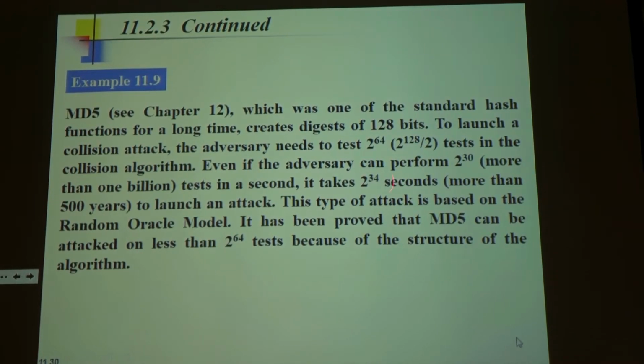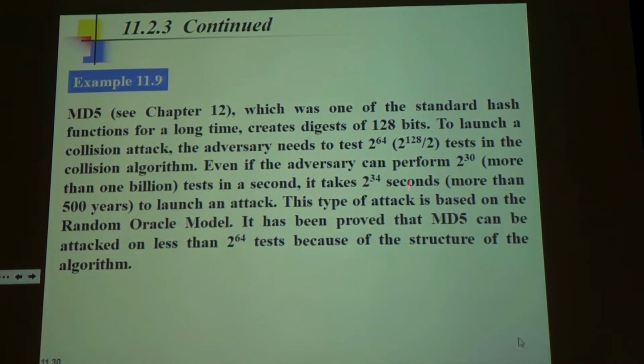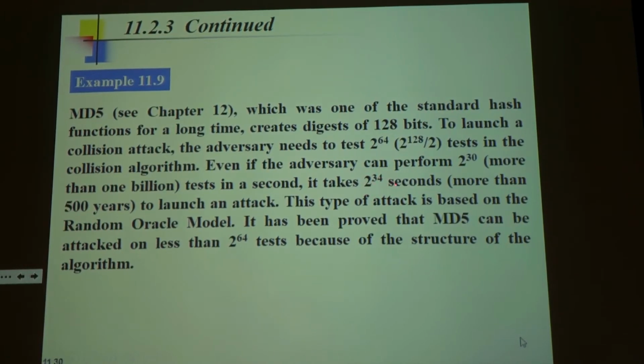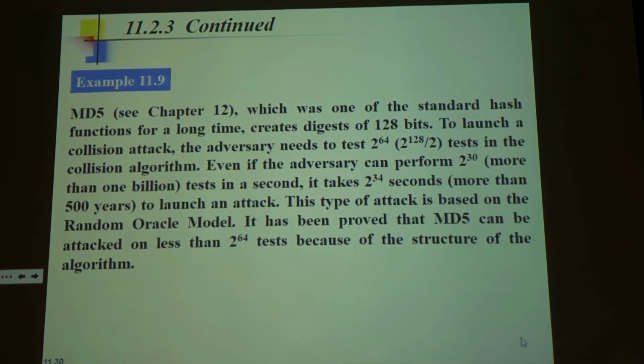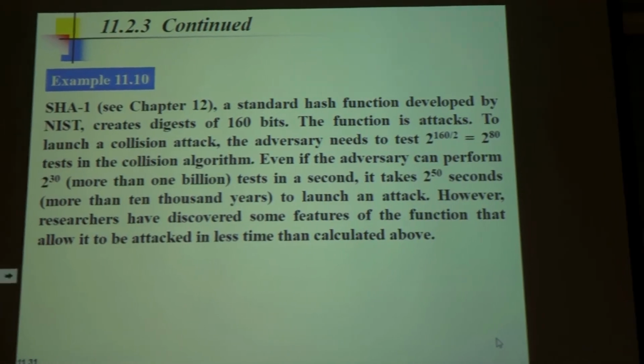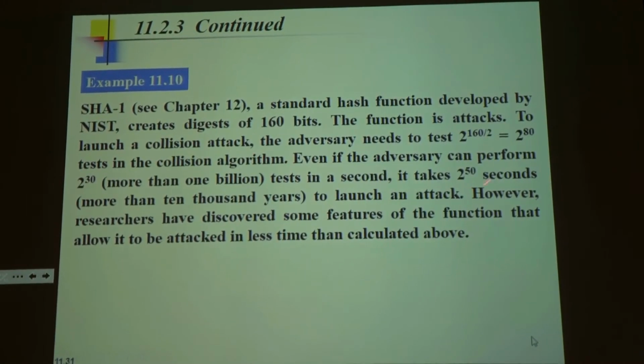it takes about 1 billion seconds or much more. It's like 8 billion seconds, more than 500 years to do that, right? So MD5 is secure because it's a long hash, all right? For SHA-1, it's 160.